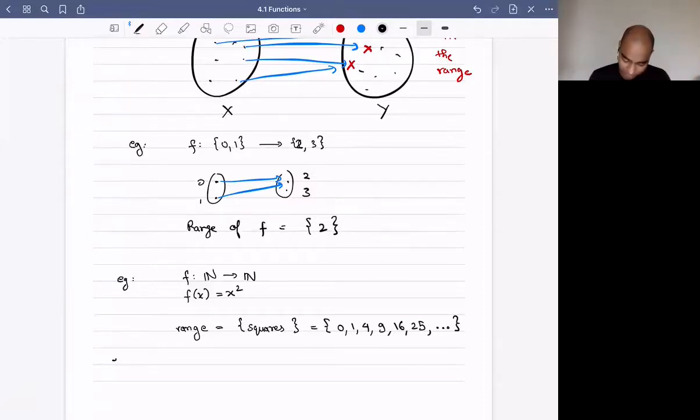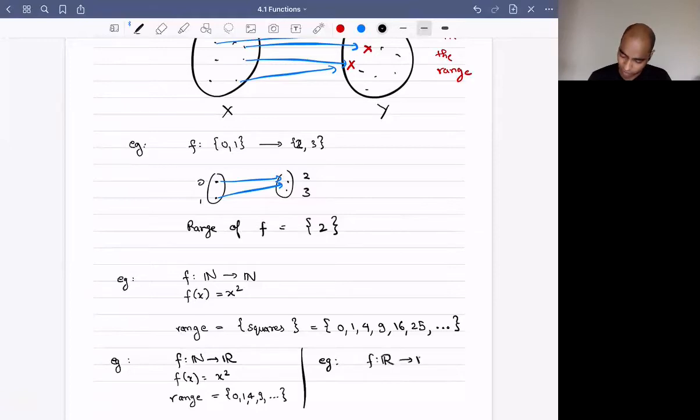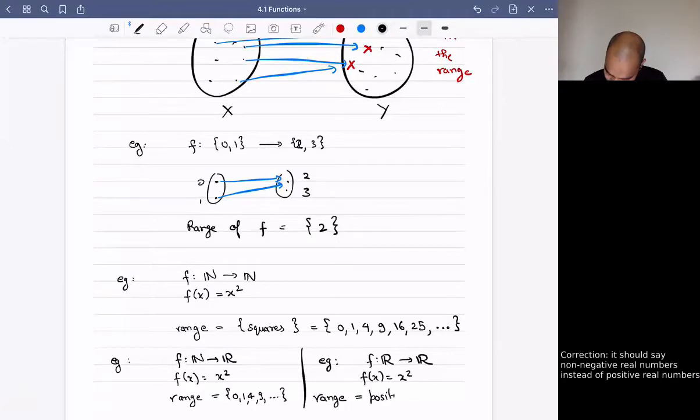So let me give you variants of the same function. I can take f from n to r, and I can define the same function, and here the range does not change. It's still 1, 4, 9, because the domain is still n, but now I can change the target and I can make it f from r to r, and now this changes completely, and now my range becomes positive real numbers.